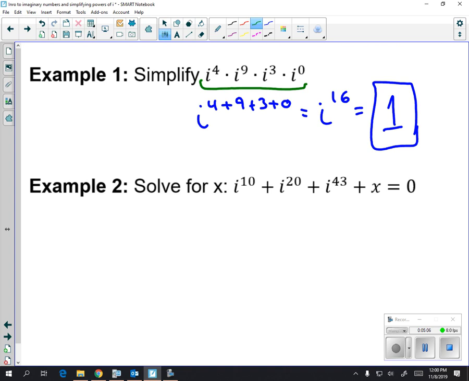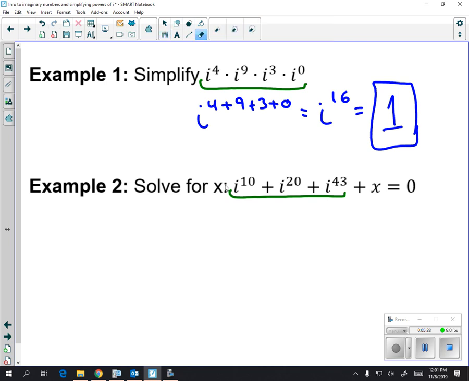IPART does not work for operations. So again, for the next one, you can't put all of this into the calculator at once because you can't put operations into IPART, and your exponents might be too large for your calculator to handle without IPART. So we're going to do it all individually.